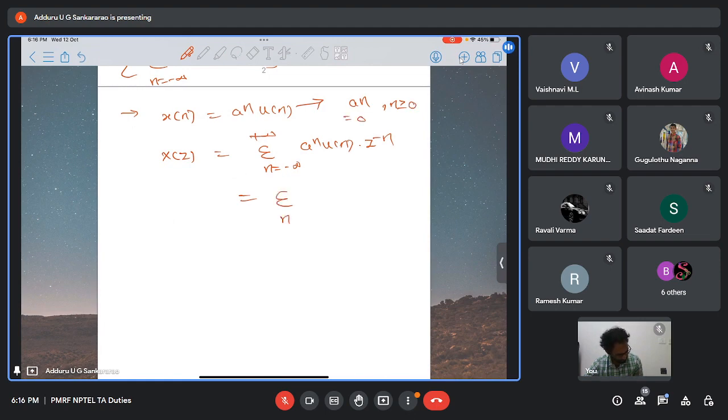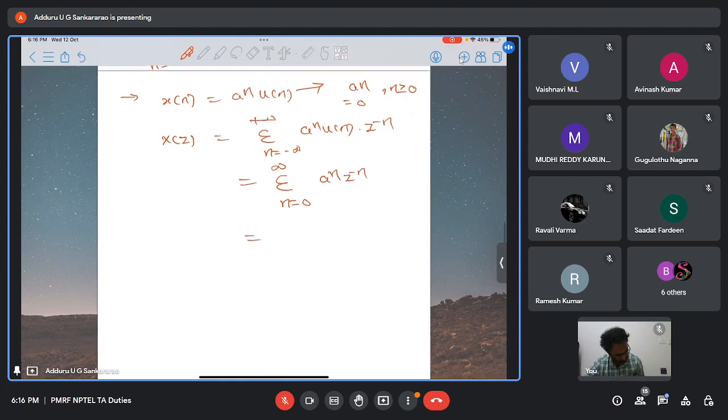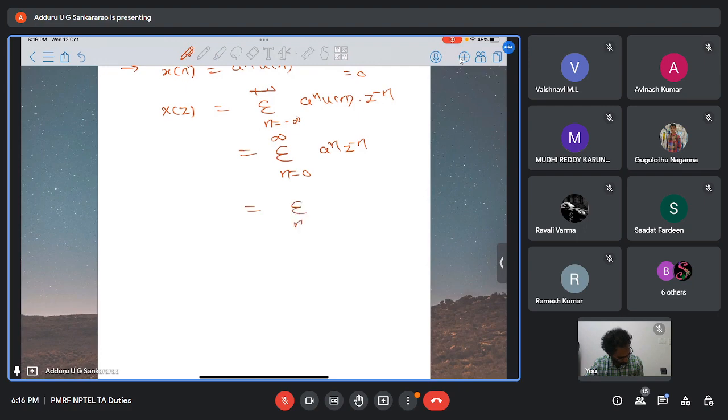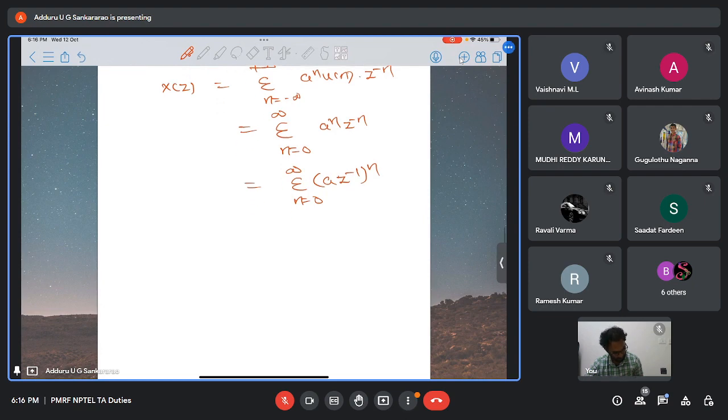So this is from n equal to 0 to infinity a power n z power minus n. So I can write this as a z power minus 1 whole power n. So this is something like 1 plus a z power minus 1 plus a z power minus 1 squared, and so on up to infinite terms.